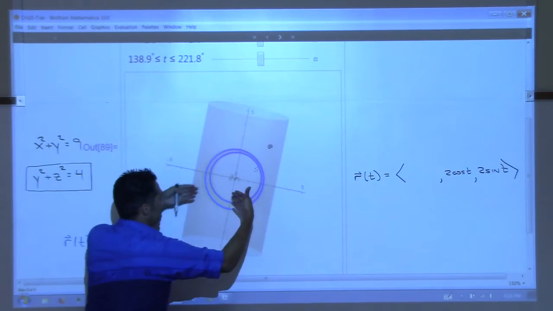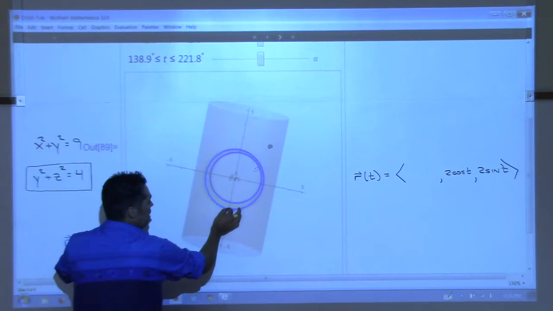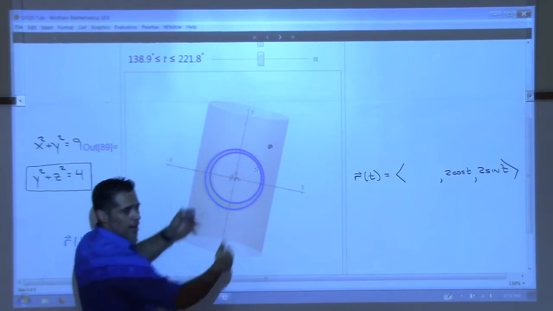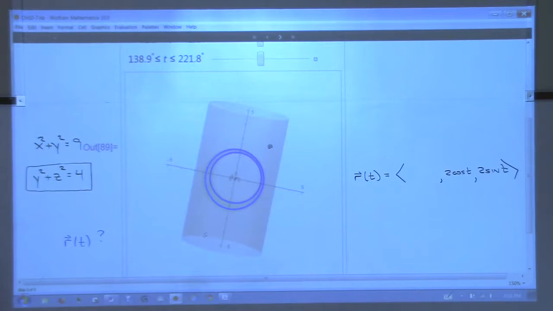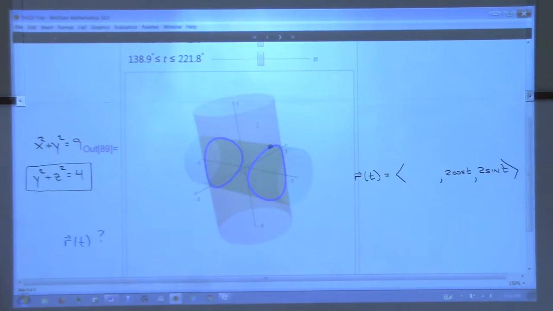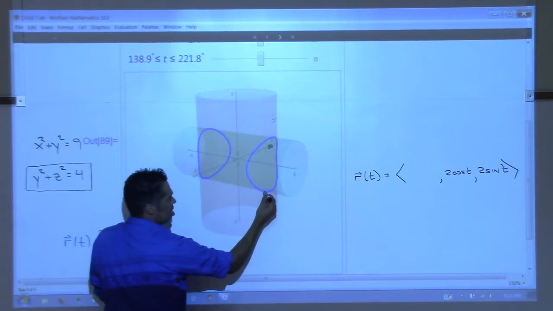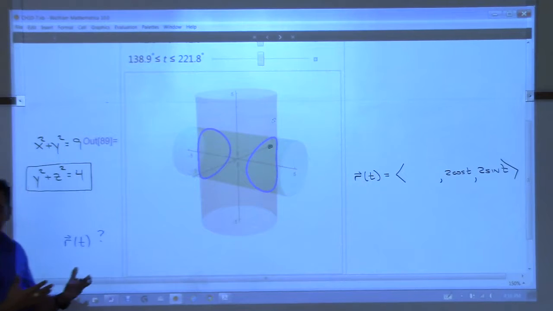Now I need to be worried about this back and forth, because as I draw the circle, my x is moving. Looking at it from the side, as I draw that circle, my x is coming out and in. So what's dictating the in and out?